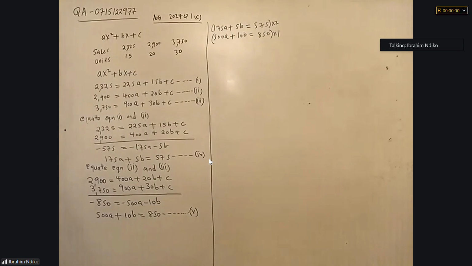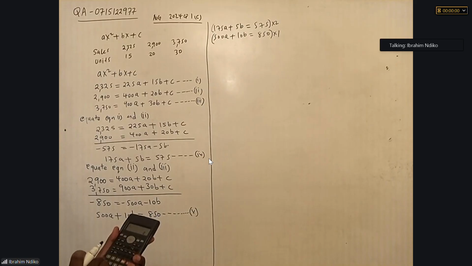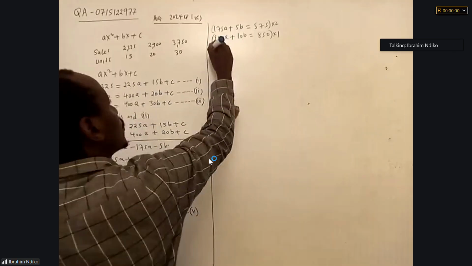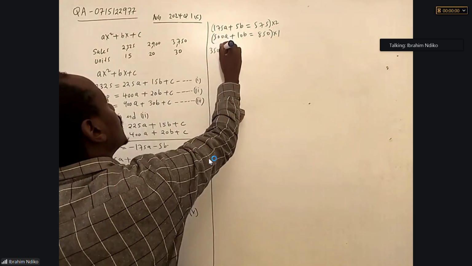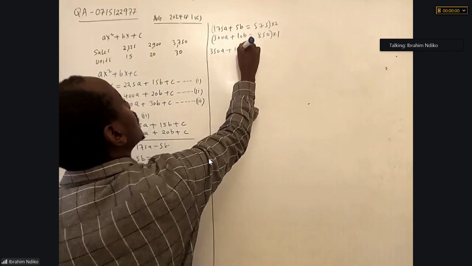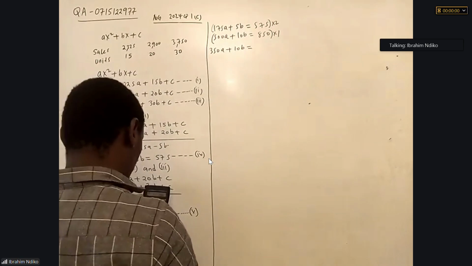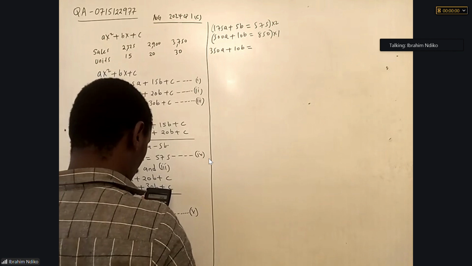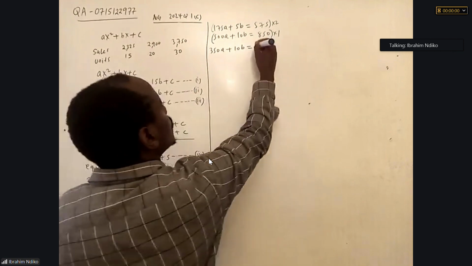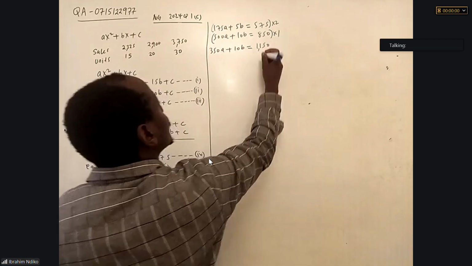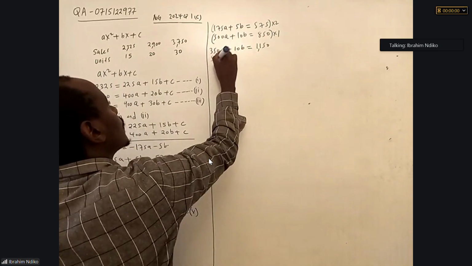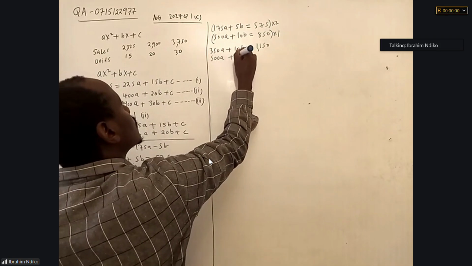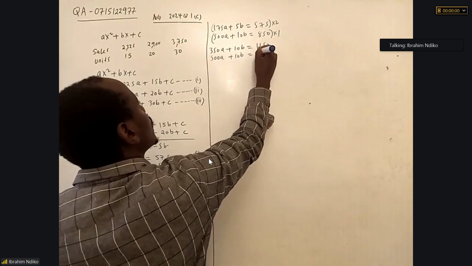So that the b becomes 10. So 175 times 2, that will go to 350a plus 10b is equal to 575 times 2. This is 1150. The other one remains the same, 500a plus 10b is equal to 850.